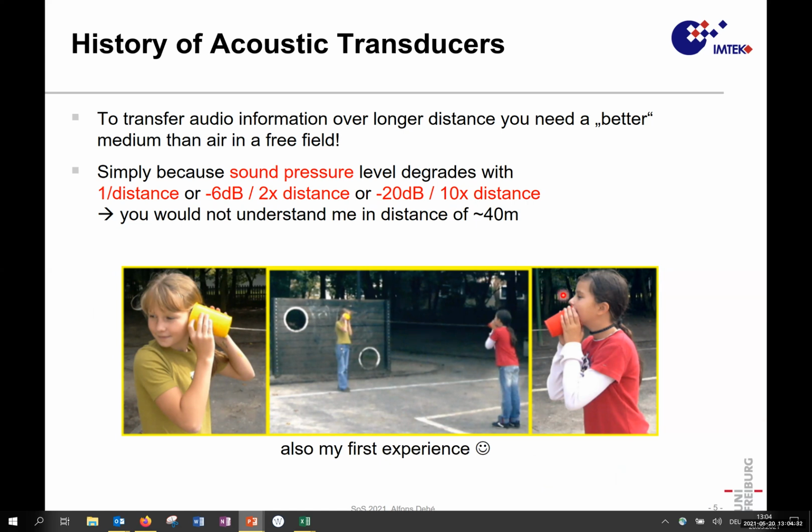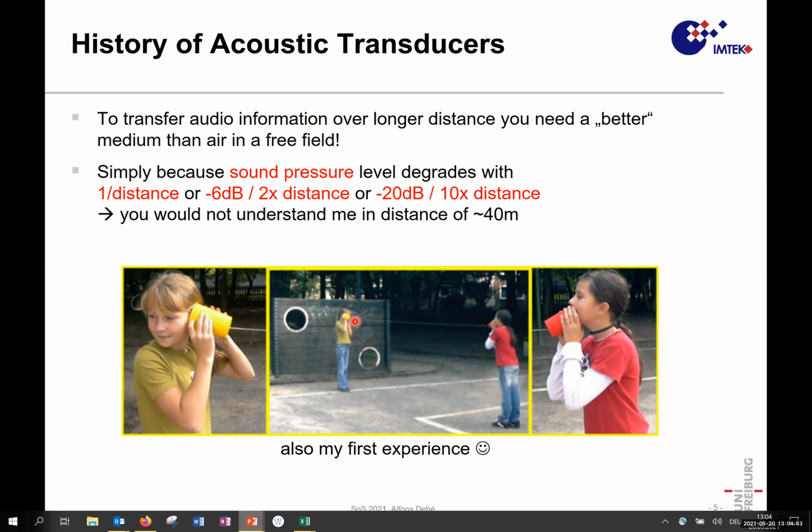Very simple. If you talk into this cup, the bottom is vibrating, and the wire transfers this longitudinal vibration. And since it is one-dimensional, the wire has only the intrinsic loss of the material. So this way you can transfer sound over longer distance without a lot of degradation.